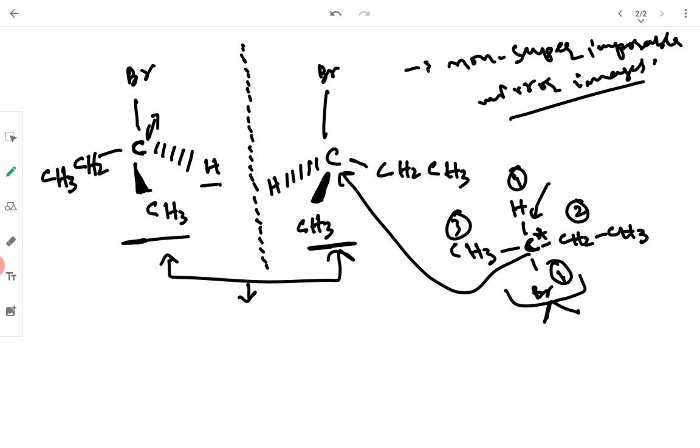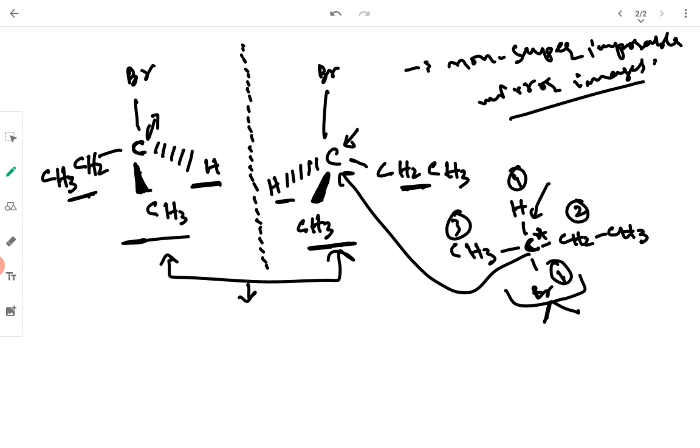Here you have hydrogen on the right side, but here you have hydrogen on the left side. Here you have this ethyl group on the left side, here on the right side. Methyl, there is no difference at all. So there is a different arrangement of atoms or groups around this central carbon.